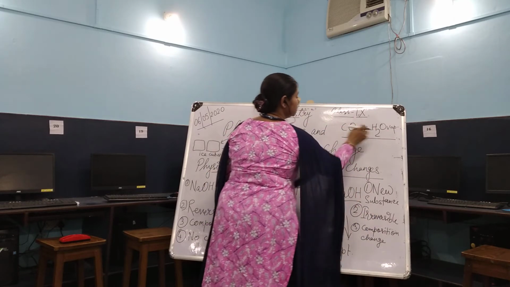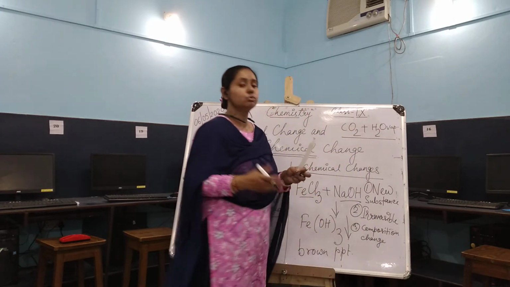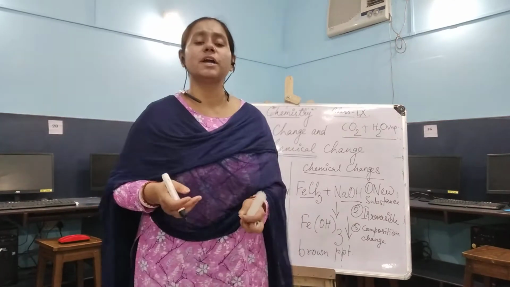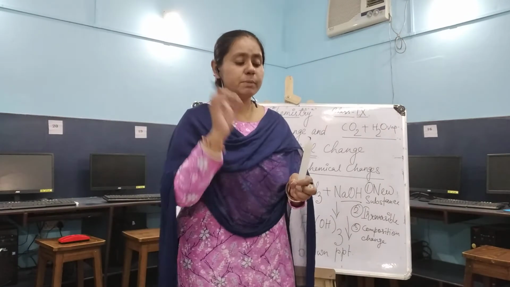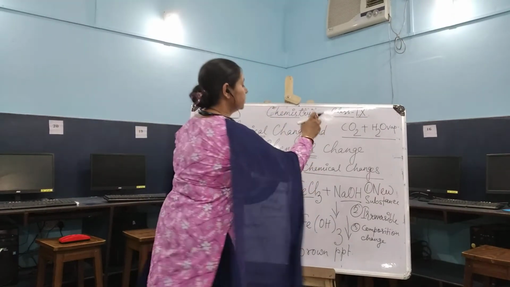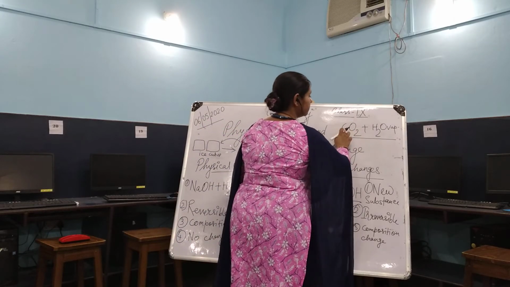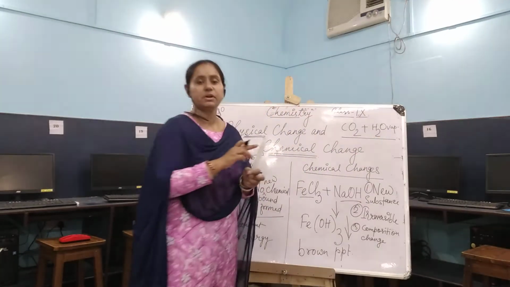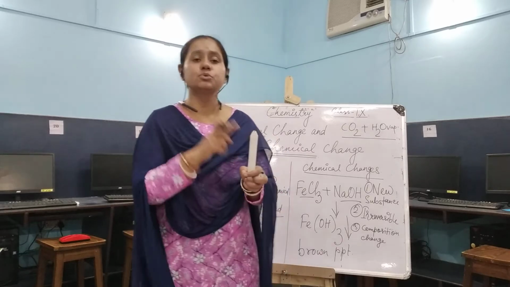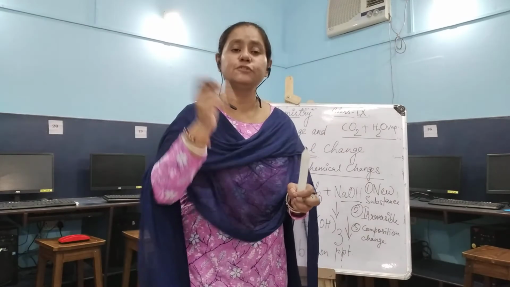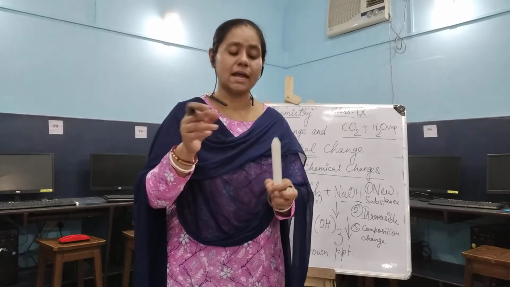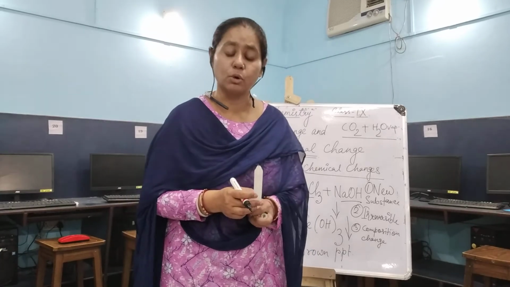Because of the formation of these two compounds, you saw the dense white fumes over here. Since carbon dioxide and water vapor have been produced, that is why you saw the dense white fumes coming out from the candle once the candle was blown out.